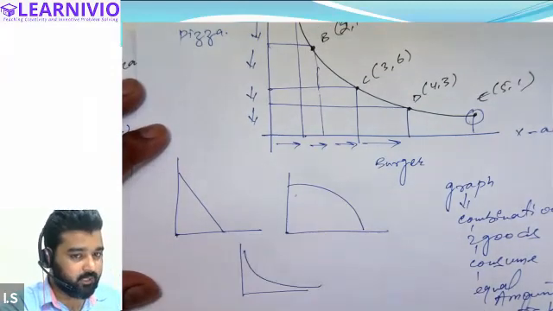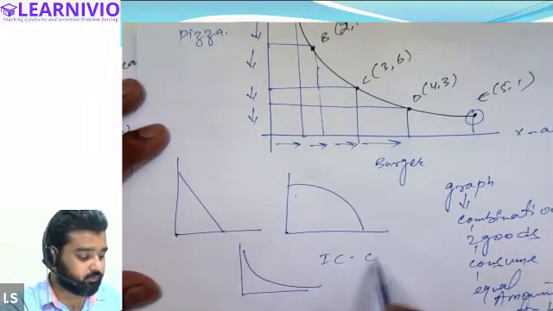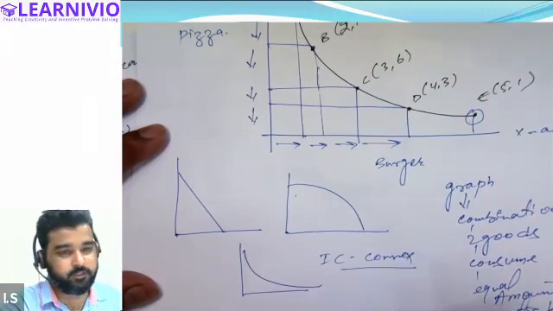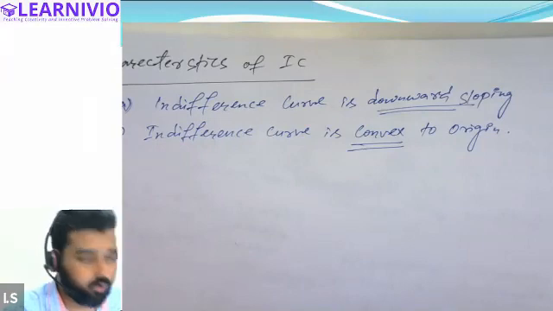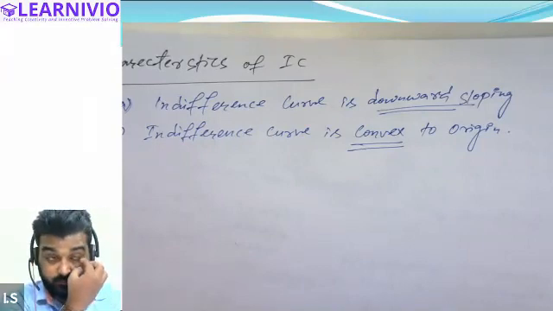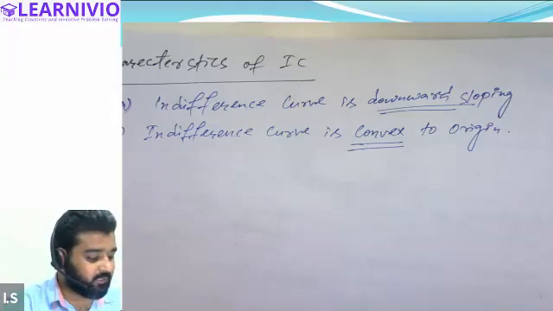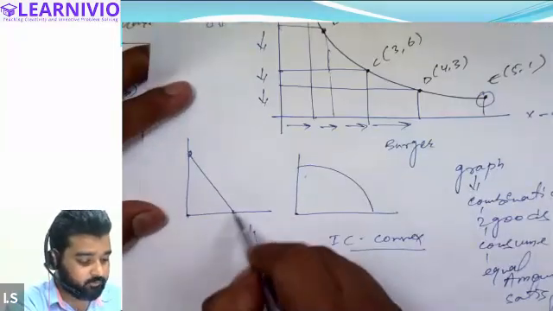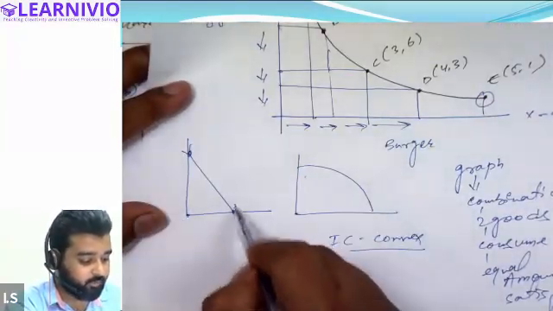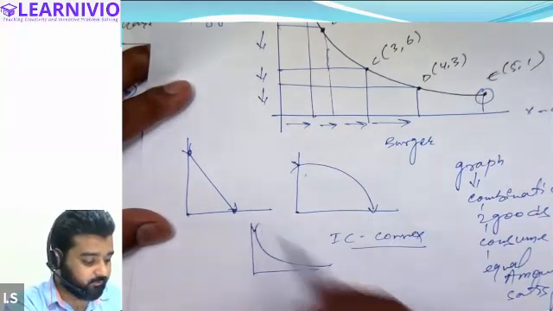So our indifference curve is convex to the origin, right? Why is it convex to the origin? This is very important. Because it's from left to right? No. See, all of these curves go left to right, no? This is starting from here, going here. This is also moving left to right, and this is also going left to right.